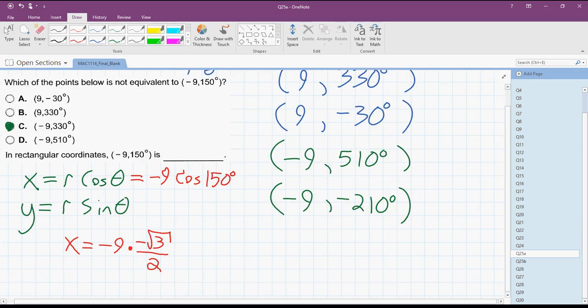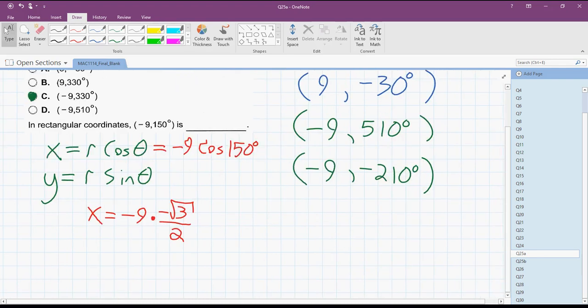And what do you get? No decimals. It's got to be exact. 9 square root of 3 over 2. Yeah, got to be exact. If they want the decimal, it will tell you in the little fine print directions right below it to round to whatever. Okay? All right.